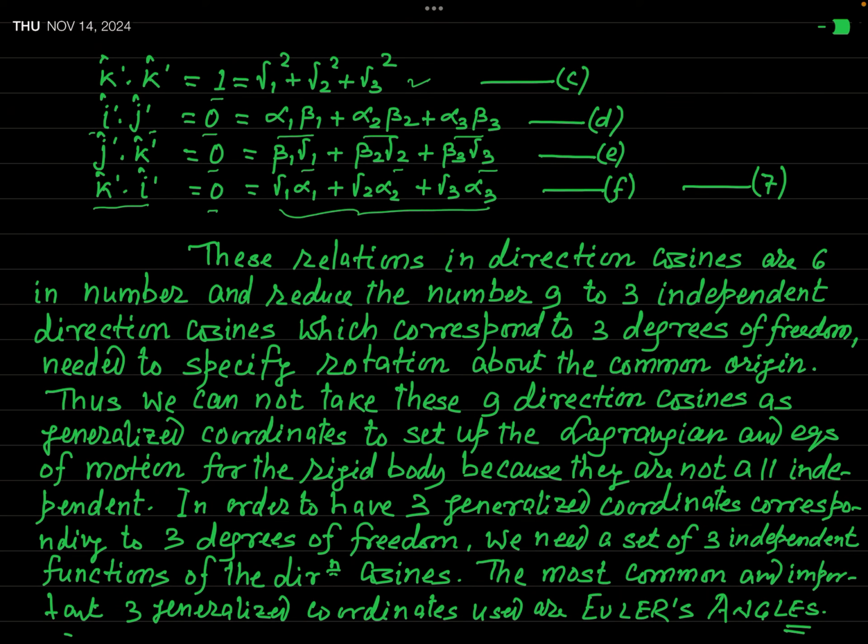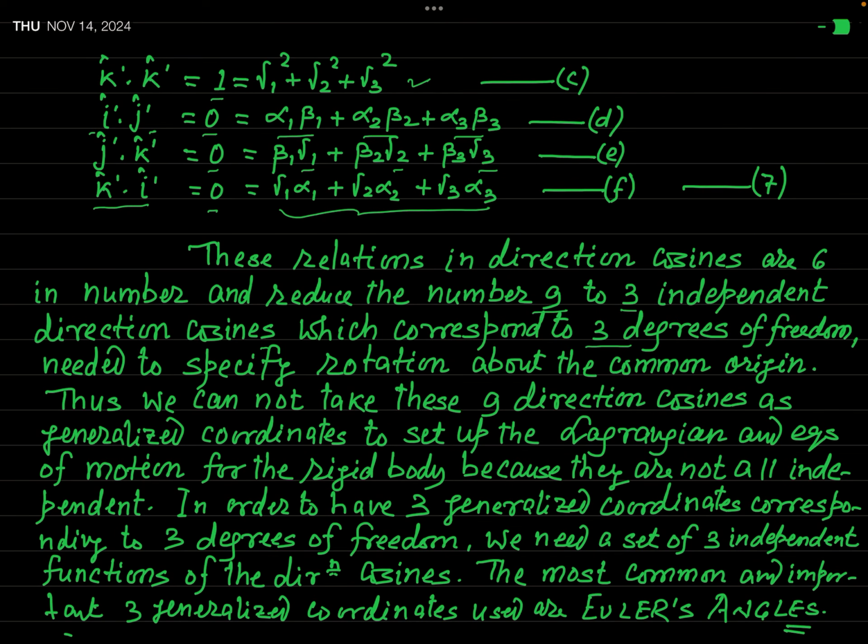And these 6 relations actually reduce the number 9, which is the total number of direction cosines, to 3 independent direction cosines, which correspond to 3 degrees of freedom.